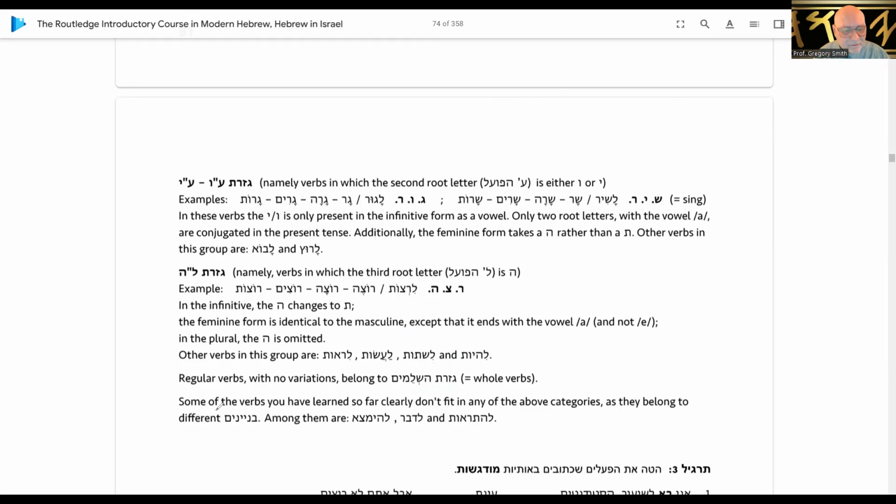Okay, so some of the verbs you have learned so far clearly don't fit in any of the above categories, as they belong to different binyanim. Remember, those are the 7 branches that I was talking about. Among them are, look at this one, lehitra'ot. להתראות.